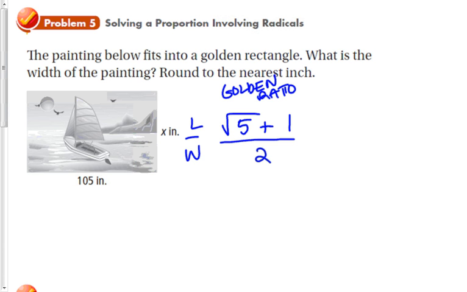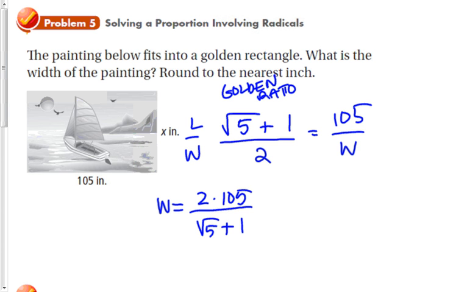And the length is 105, and the width is W. And so to solve this, W is going to equal, using the cross products property, 2 times 105 divided by square root of 5 plus 1.